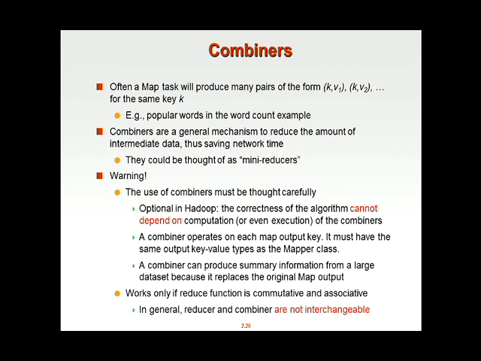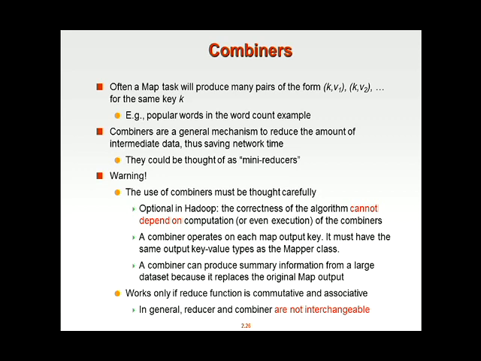In the word count example, if we just follow the previous program, then for a popular term in a document, we have a lot of such terms, right? Which means that we will have a lot of key value pairs with this term and 1. This is a waste of both the data storage and the network transmission. Combiners are a general mechanism to reduce the amount of intermediate data.